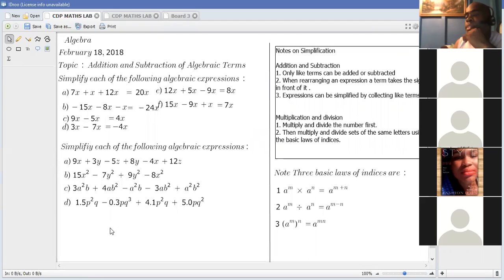Bear in mind the rules that were given. You have three more minutes to finish writing.